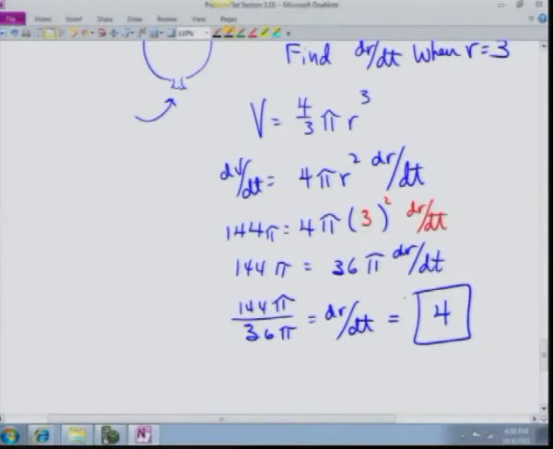And that was feet per minute. Does that make sense? The more you do of these, the better they are.